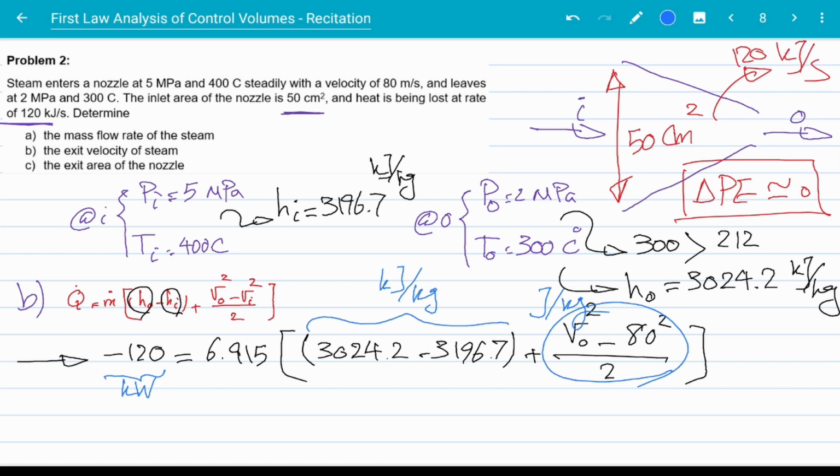In order to solve this, I'm going to change this term to kilojoules per kilogram. How? I'm going to divide it by 1,000. If I do that, the unit changes to kilojoules per kilogram. Now let's continue. So from here, if we do the math, we get that the velocity at the exit is 562.75 meters per second.